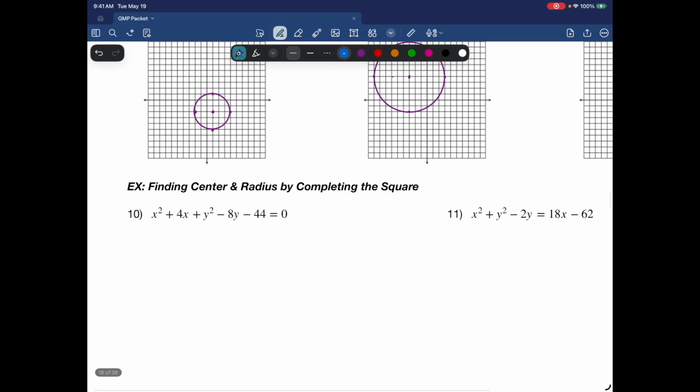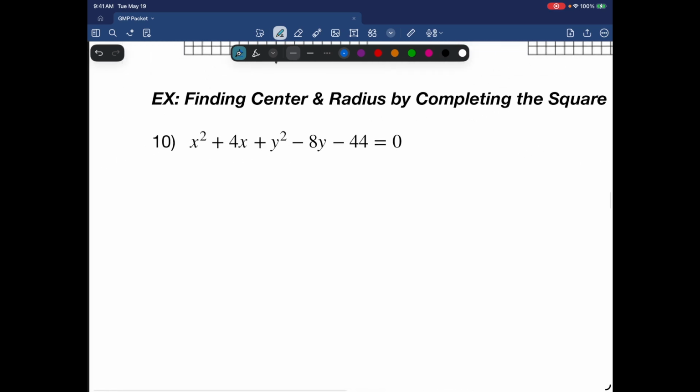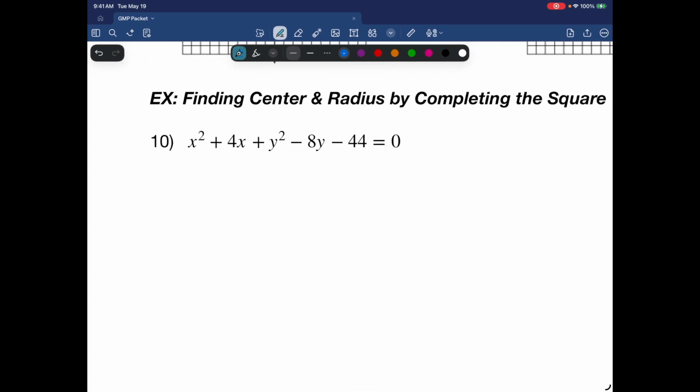Now, an advanced thing to do is to take something like 10 and 11 and actually go find the equation of the circle using completing the square. Okay, and if you want to do that, you want to get all your x's together and all your constants away from that.